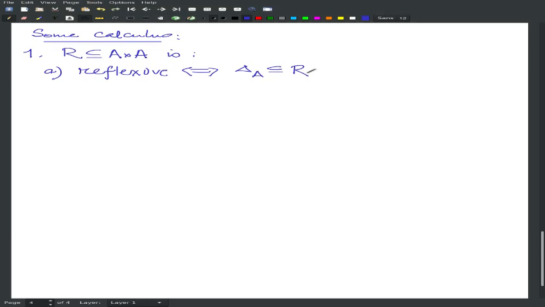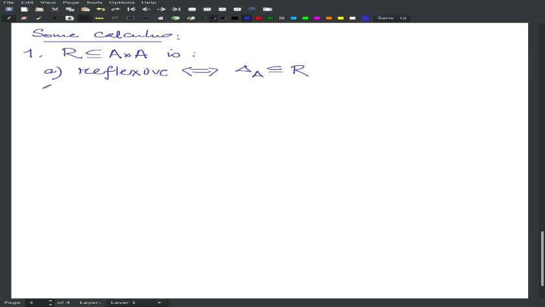This is nothing else but rephrasing. Remember, reflexive means for every x, xx is in R, but that xx is actually a member of the diagonal relation, and hence the diagonal relation becomes a subset of R. Okay?